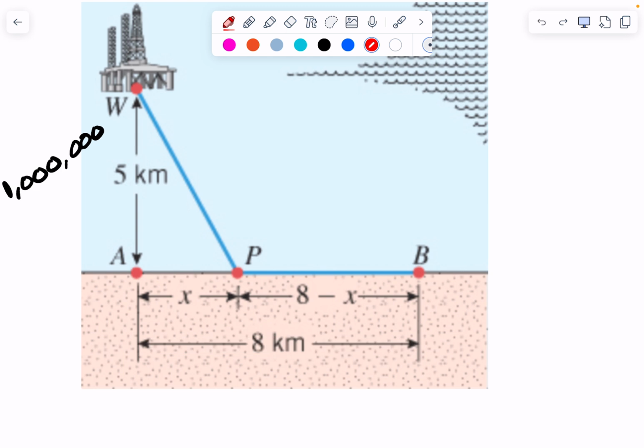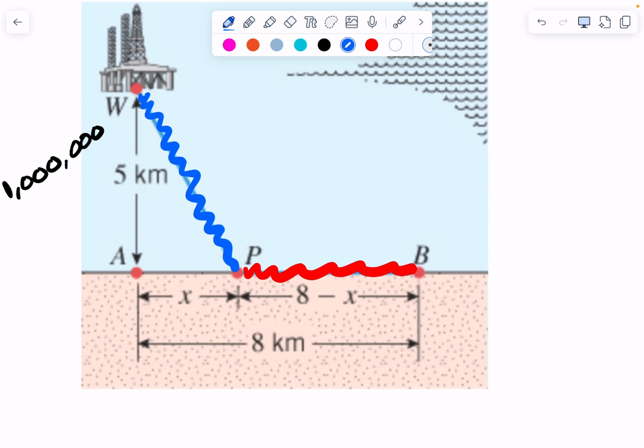They've marked this out as x. That means this is 8 minus x, because that's going to give me that. But then what is this distance right here? Because those are my 2 sections of pipe, right?